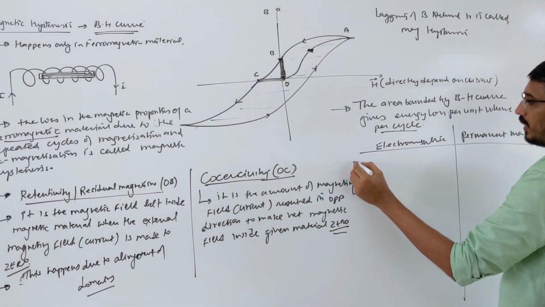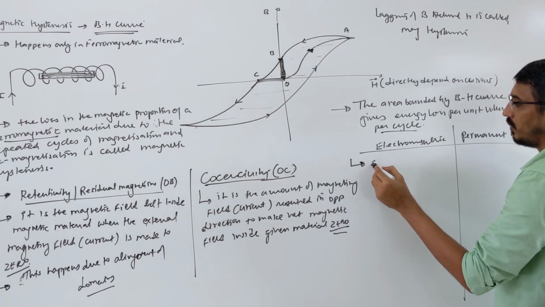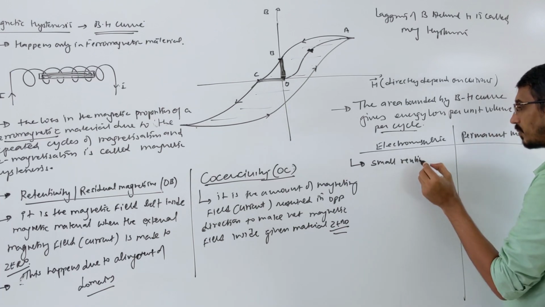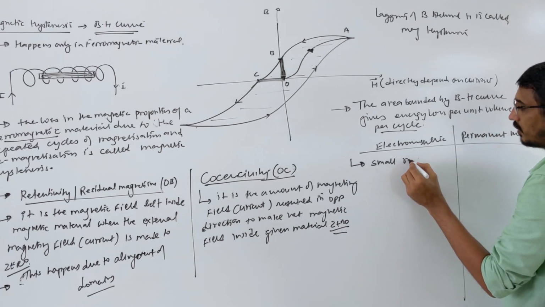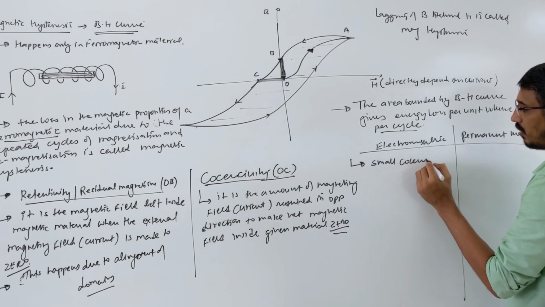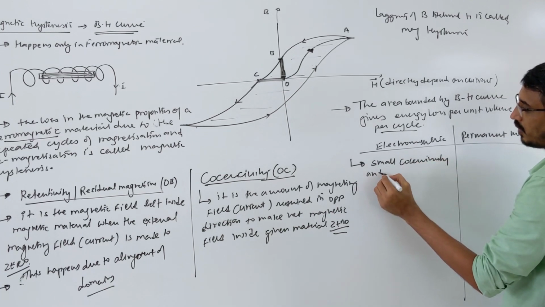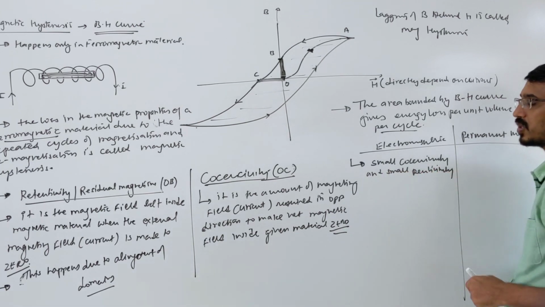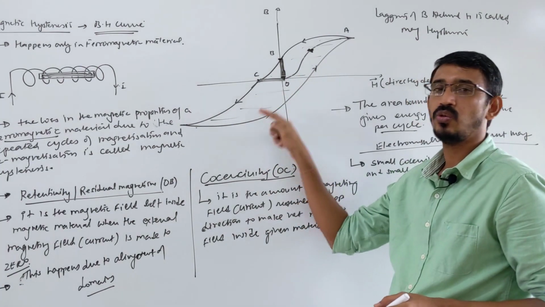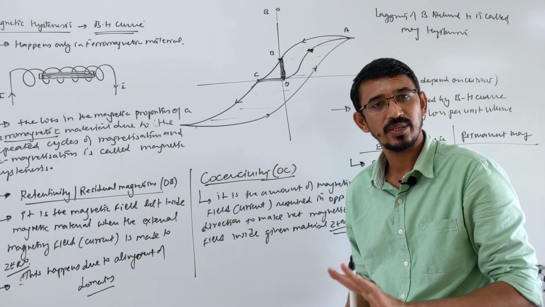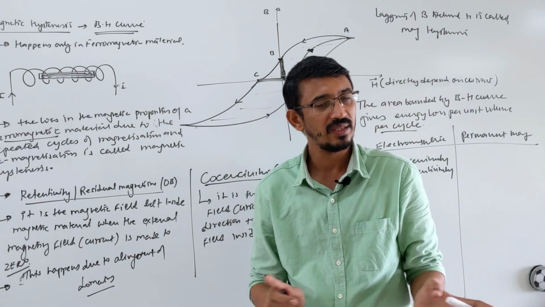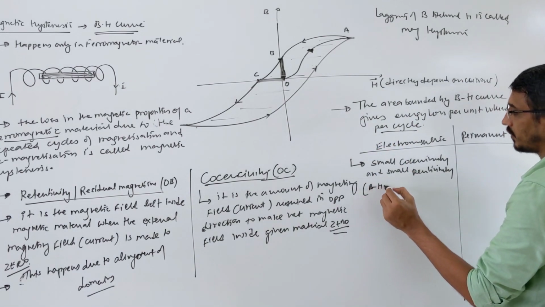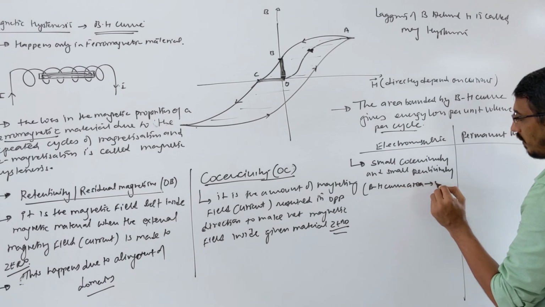We need a material which has small coercivity and small retentivity, so that the area of this loop becomes small and the loss per cycle is reduced, because in an electromagnet we frequently have to magnetize and demagnetize the material. So the BH curve area we need is very small.